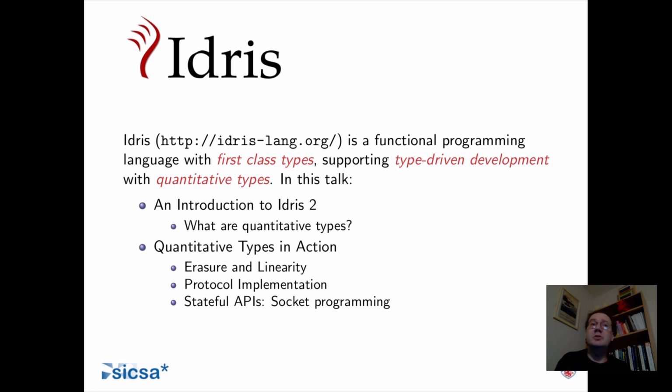That is, we should be able to write a partial program and ask the machine if it can give us help in writing the rest of the program. So a lot of what we're trying to do with Idris is bring this type-driven development idea up front and very much treat programming as a two-way process between us and the machine. We'll see a lot of that as we do the demos.